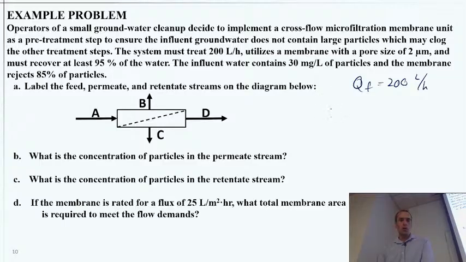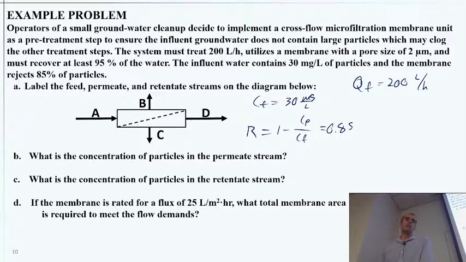So other things we know, we have some concentration in the feed. That would be the 30 milligrams per liter. We know we have to have a rejection. So particle rejection, that would be the uppercase R. This is 1 minus the CP over the CF. This has to be at least 0.85.